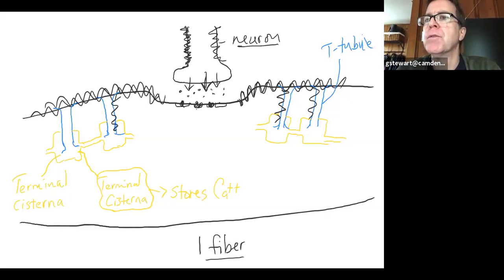The T-tubules guide that electrical impulse inward. When the electrical impulse reaches the triad, a triad is just two terminal cisternae associated with one T-tubule. So when the electrical impulse gets down here, it causes the stored calcium to be released from the terminal cisternae.